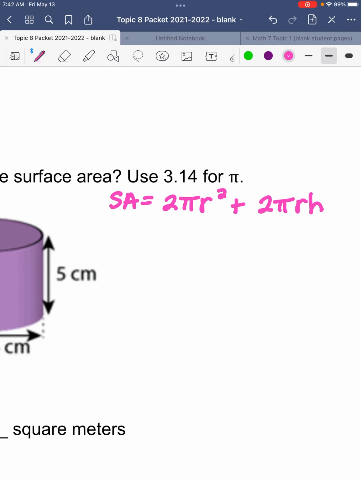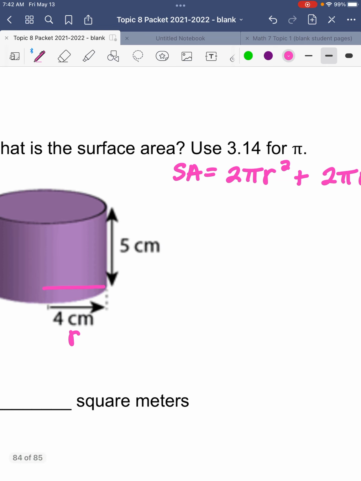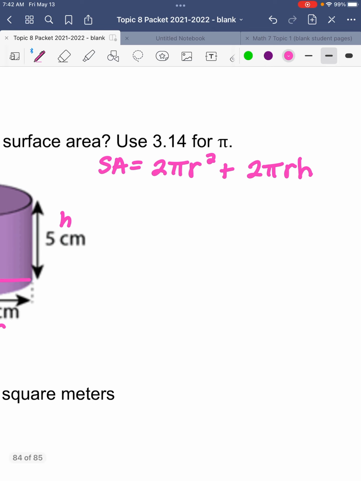So now that I know this, I'm ready to plug in for r, plug in for h, use 3.14 for pi, and find the surface area. So why is 4 significant? Well, you notice that 4 goes from the edge to the center of the figure. So what do I call that? Well, I call that a radius. So where I see r, I'm going to plug in 4. And that means that 5 right here is my height. It's how far apart those 2 circular bases are.